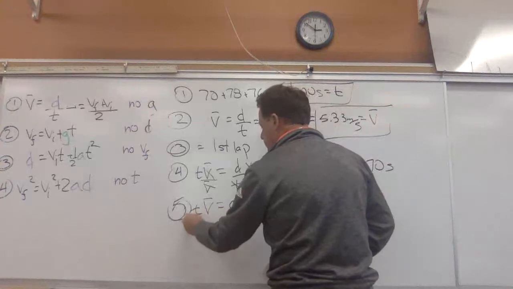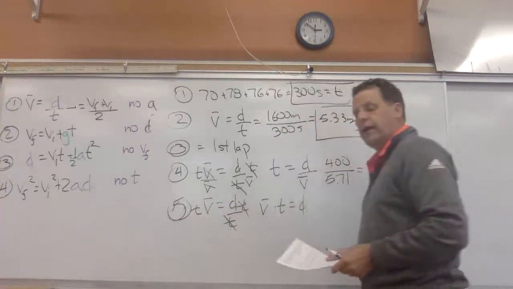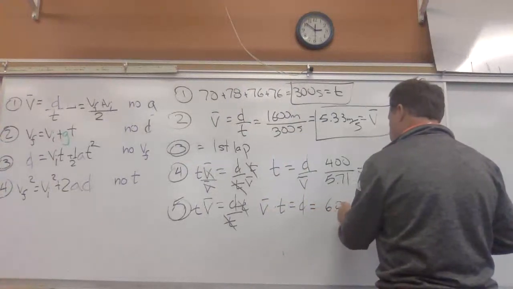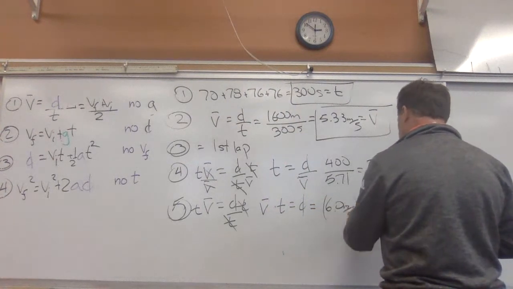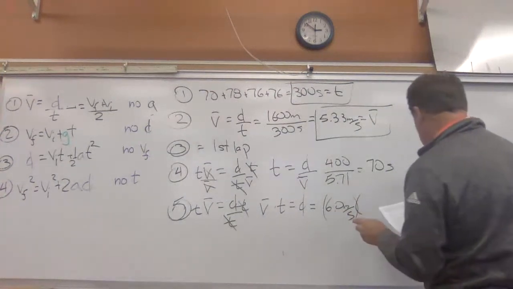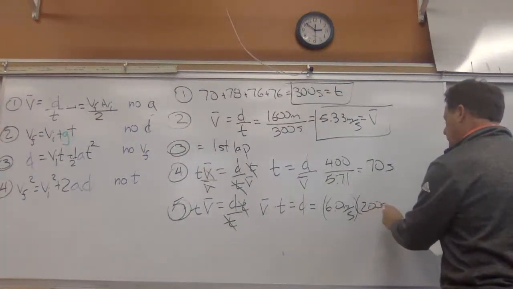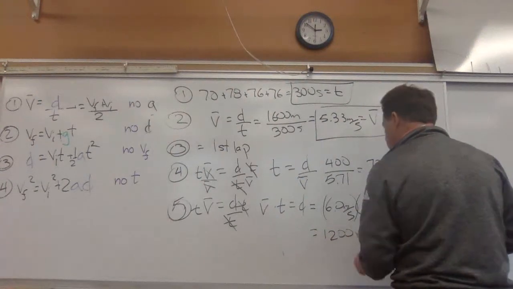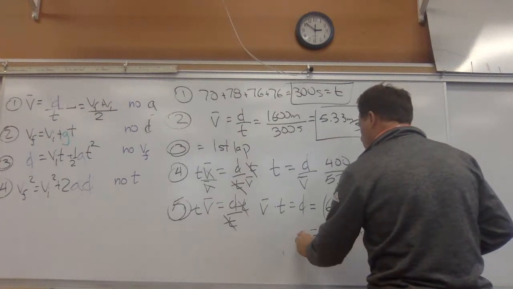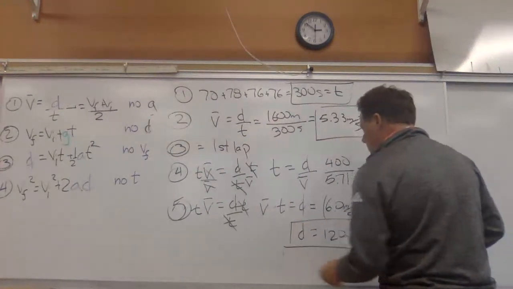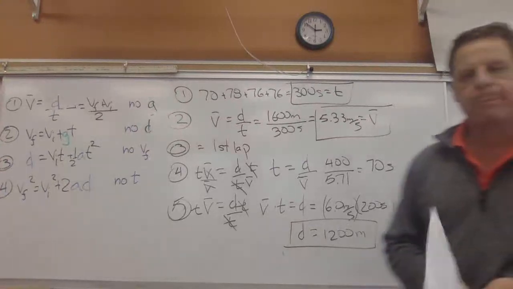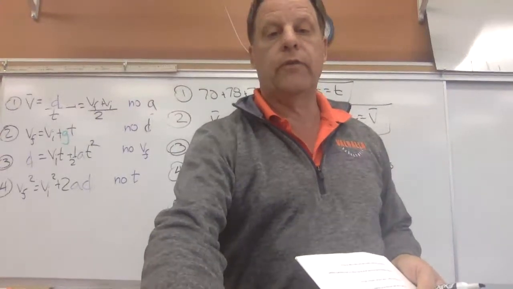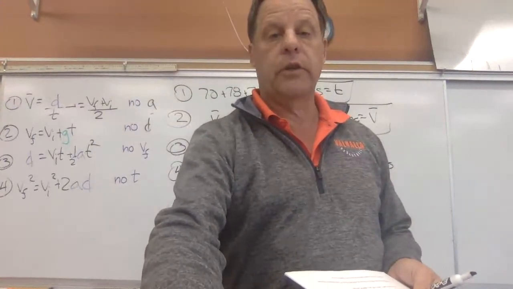Notice that we just algebraically multiplied both sides by t. So we have 6.0 meters per second times a time of 200 seconds, and we end up with 1,200 meters, which is our displacement. That is the answer to the first 5 problems in this review.